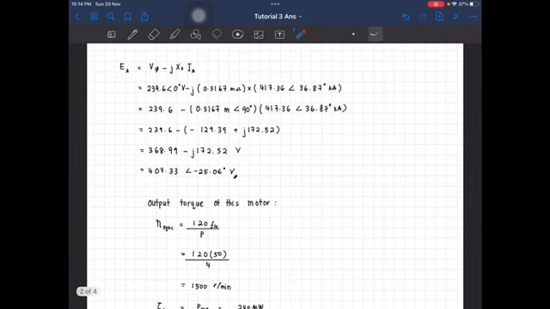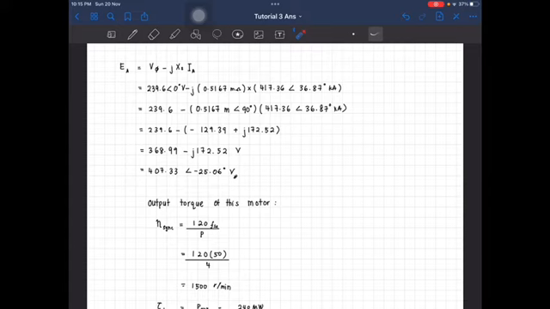And then to find internal generated voltage, we use this formula EA equal to V phase minus j XS times IA. So V phase we got 239.6 volt minus j times 0.5167 milliohm times IA, 417.36 with angle 36.87 kA.